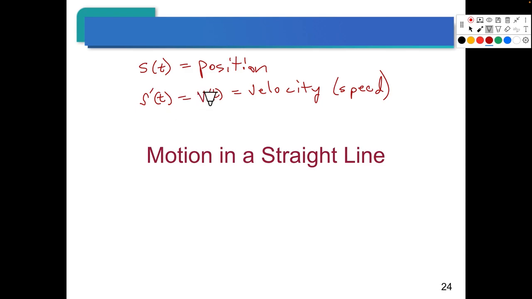And then if we took the second derivative, because that was on the test, which would be the first derivative of the velocity function, what do we get? Acceleration. So what are we going to do now?